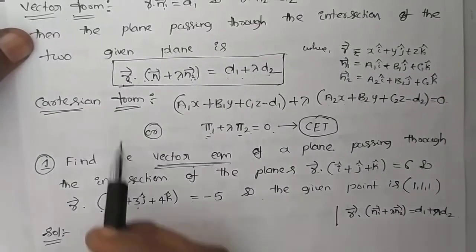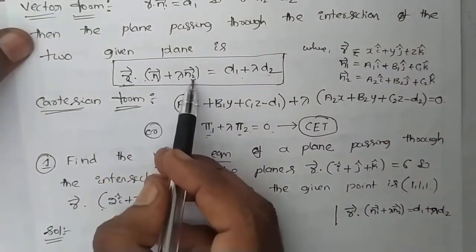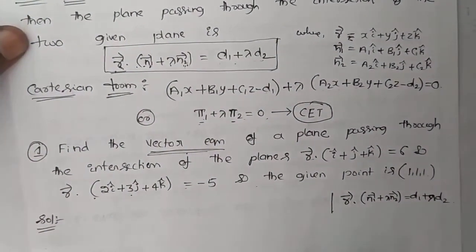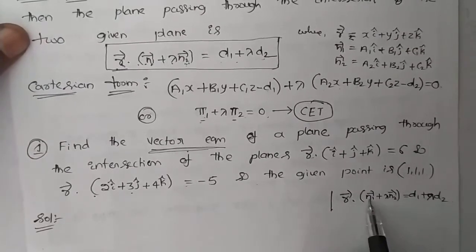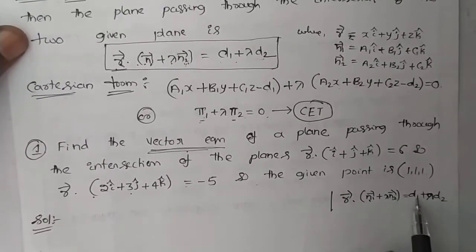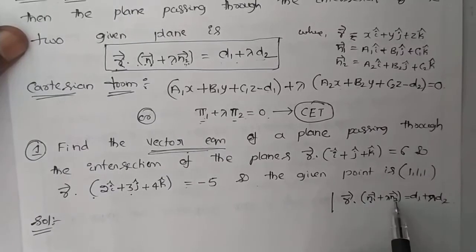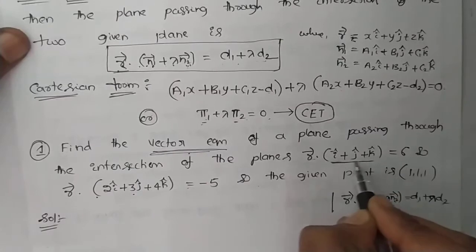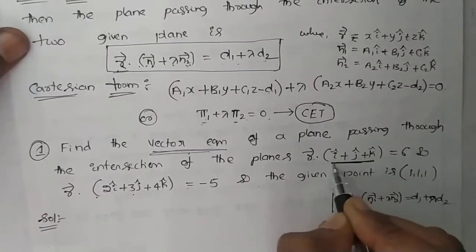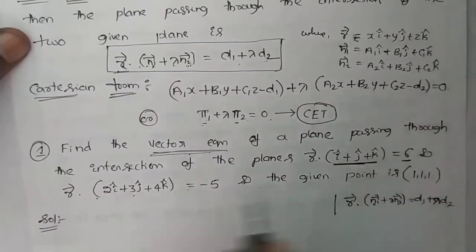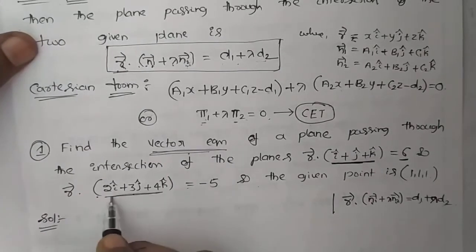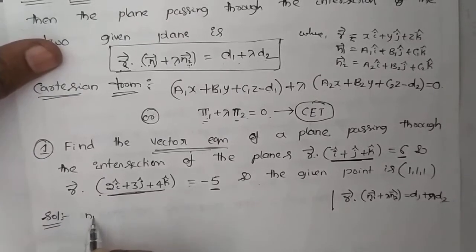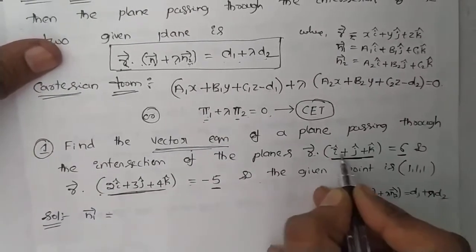You just identify n1 vector, n2 vector, d1 and d2 from the problem. It is the first plane, it will be the n1 vector, and this is d1. It is the second plane, it is the n2 vector, and this is d2. Given that n1 vector equals i plus j plus k.